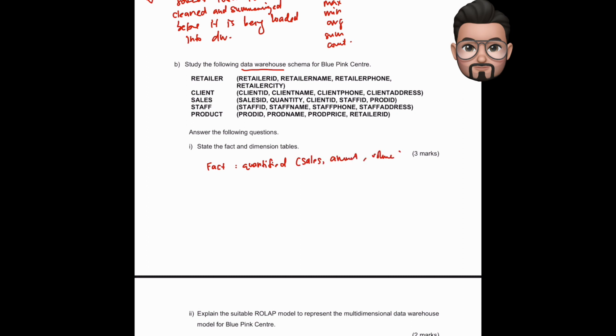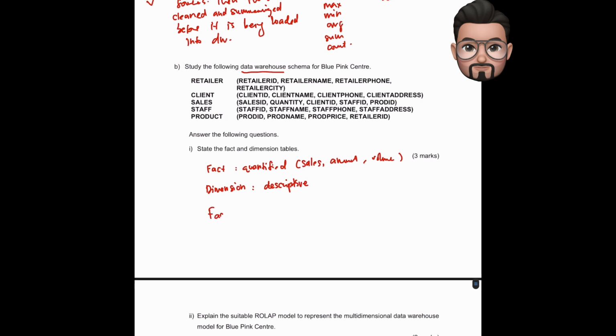So these are all the quantifiable attributes. And the dimension is something descriptive, something that you can describe. So if you take a look, what is the fact table over here? Find the table that has the amount, sales, or volume. So if you take a look over here, we have quantity.